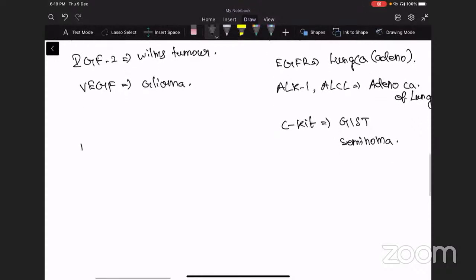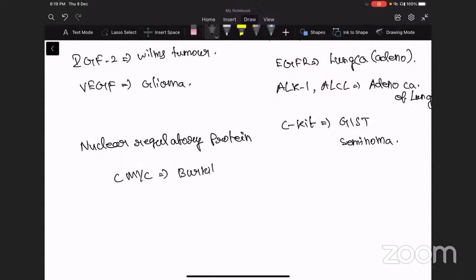And we go for nuclear regulatory proteins. Because of the alteration of nuclear regulatory proteins, it can end up in a cancer like C-MYC, Burkitt's lymphoma, and carcinoma colon.